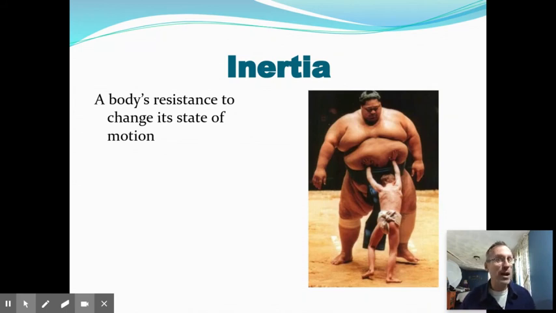Consequently, you'd much rather be hit by a quarterback, not that quarterbacks tackle people, because they don't have as much mass. And so they can't generate as much inertia when they run into you like that. But a linebacker, when a linebacker gets up to speed, they're a freight train, right? Because they have a lot of inertia. And once they're up to speed, they want to keep on going because of their inertia.